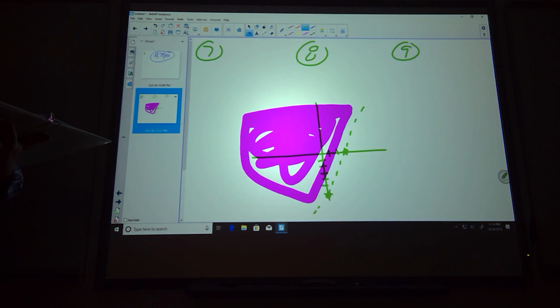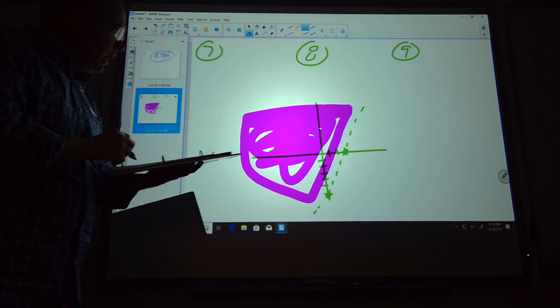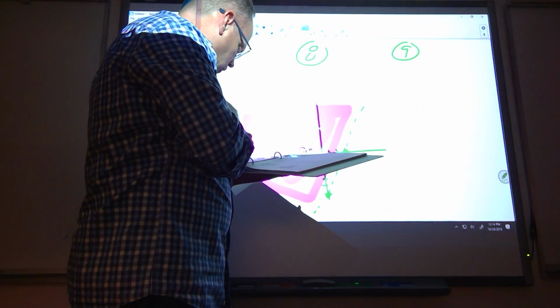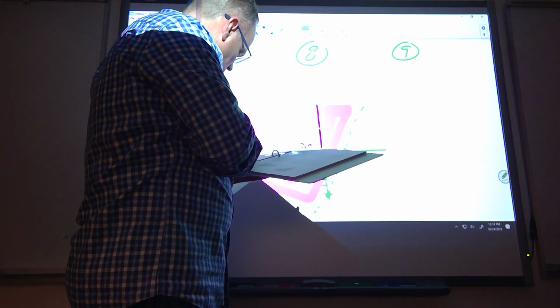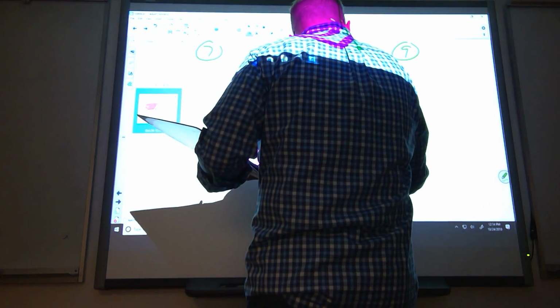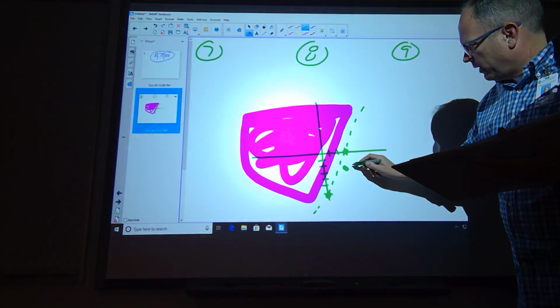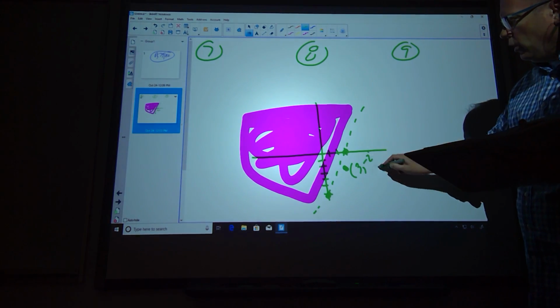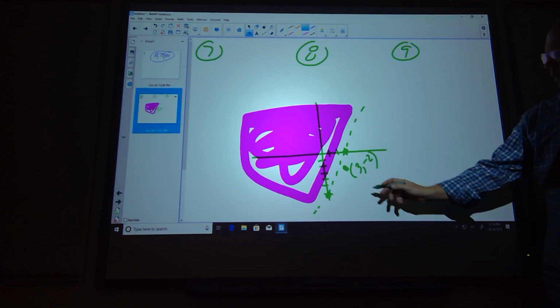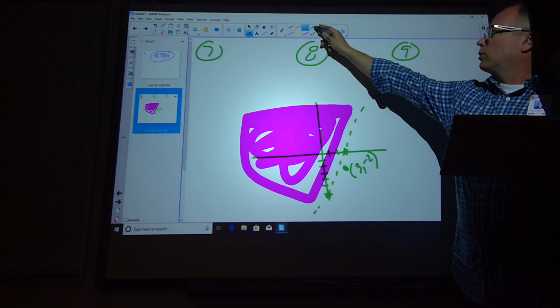All right, so number 7 says, explain using the graph or inequality why the point 3, -2 is not a solution. Well, that's the point 3, -2. I'm off a little bit, but for the most part, that's right.